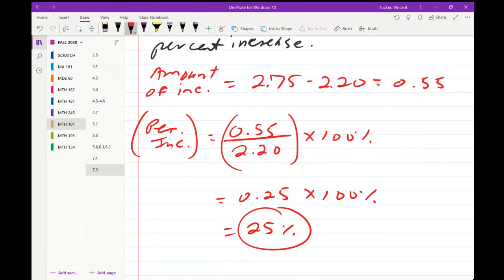And so, like I said, if you're asking for the amount or the percent decrease, you would do the same thing. Subtract your two values, place it over the original amount, and that will give you your percent decrease.